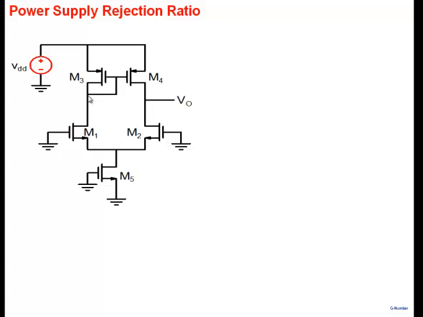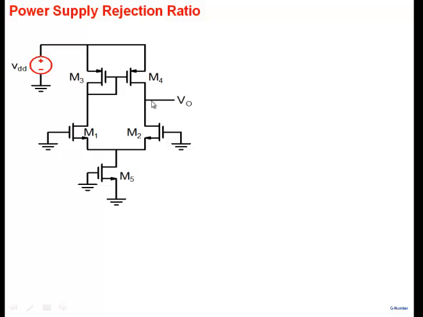Which one should I do? Should I attempt to calculate here or should I attempt to calculate here? Or both of them will be the same, agreed? Because of the symmetry, this voltage is going to be the same as this. We have said that under a common mode signal, the voltage here and the voltage here are the same.